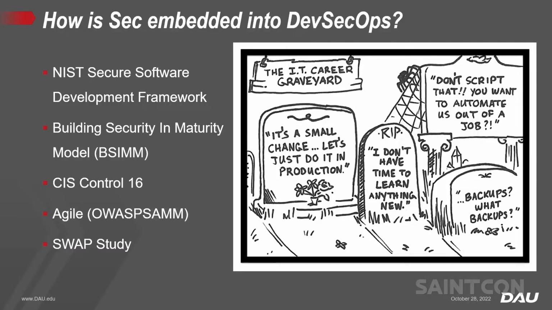Then there's OWASP SAMM that deals with Agile, and then there's a government SWAP study that came out. The SWAP study is the Software Acquisition and Practices study that the Defense Innovation Board did. They went through and gave some aspects of improving software development and acquisition strategies.